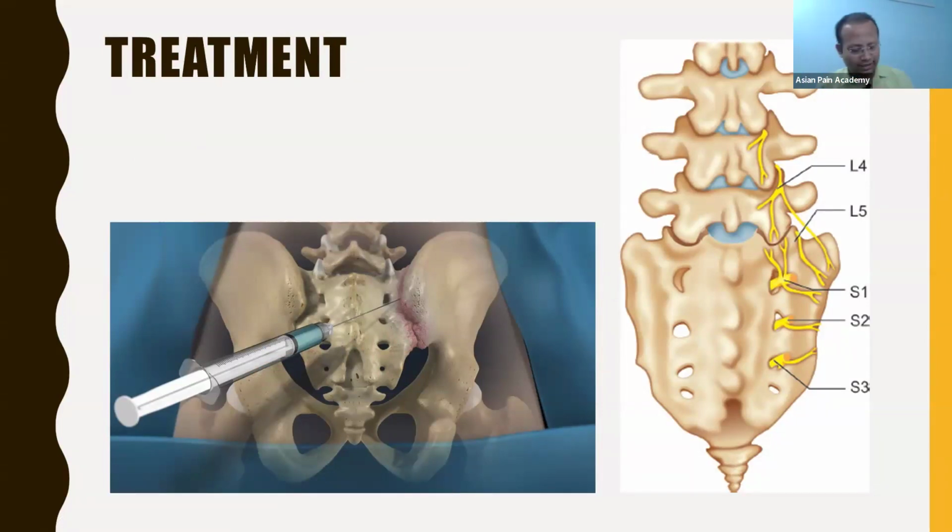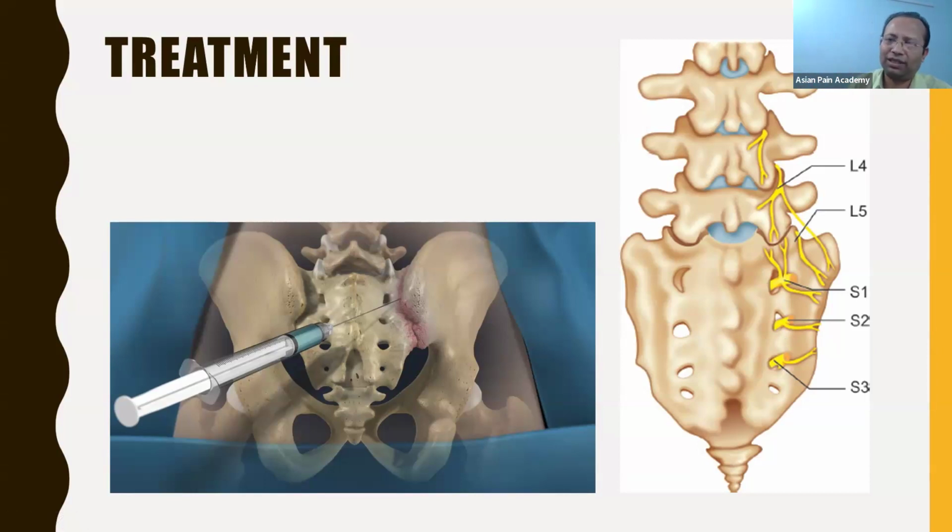As I told you, treatment is also under two headings. One is local area treatment, and second is background phenomena treatment. Local area treatment means your injection should be either inside the joint to combat the inflammation, or you target the nerves and cut down the nerve supply.